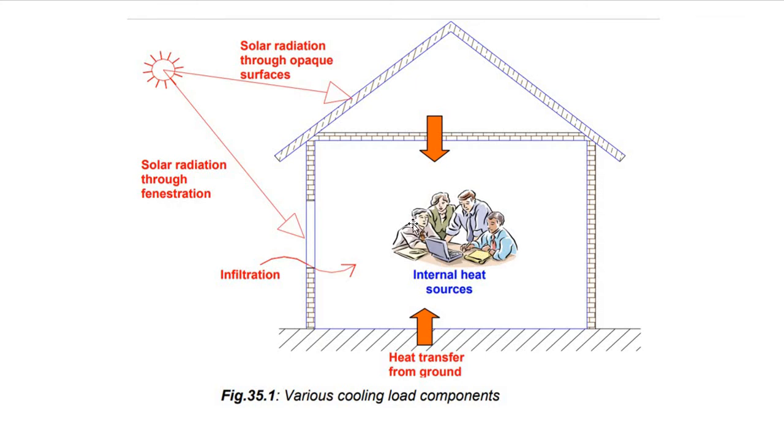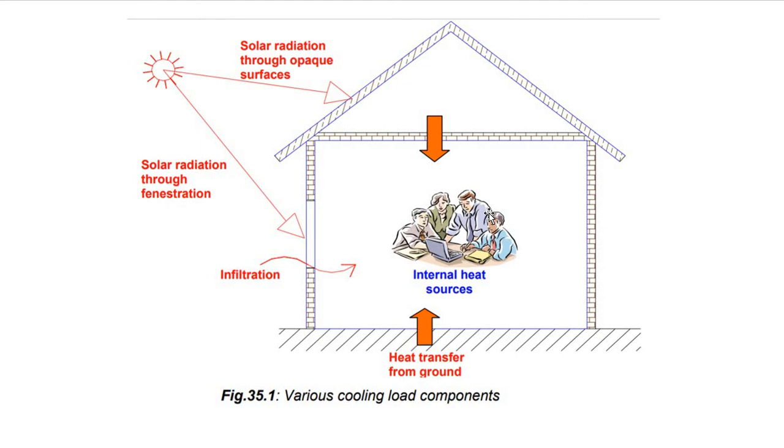So we have to reduce that temperature. How much energy has to be absorbed for keeping the inside space at the required temperature is known as sensible load. That is, when we are absorbing heat, the temperature is reducing. That is known as sensible cooling. That falls in the sensible load category.